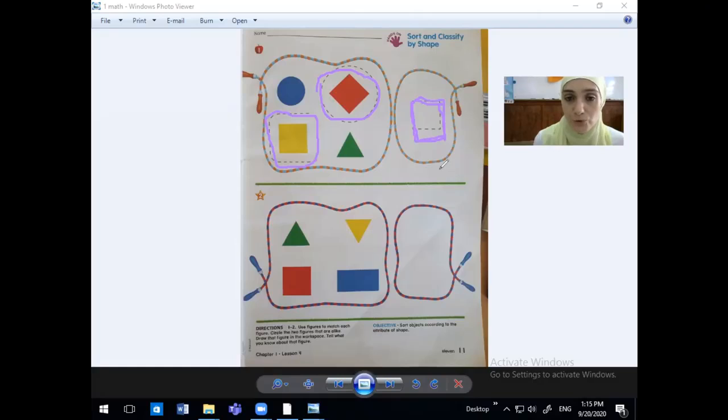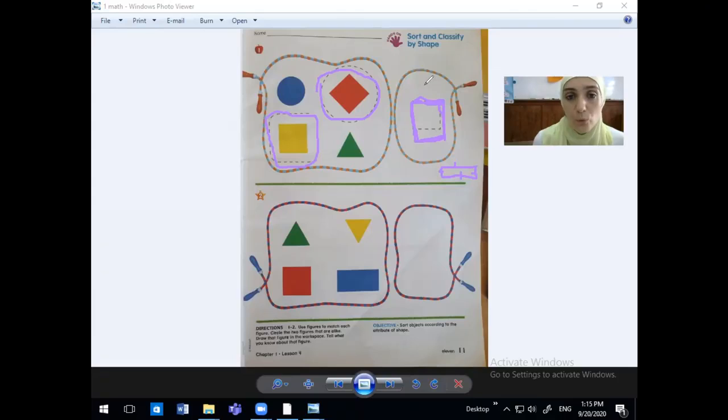If we look at a rectangle, here I will make the rectangle. Look, the rectangle also has 4 sides, but 2 sides are long and 2 sides are short. But in the square, all sides are the same. The 4 sides are the same size, the same length in the square.